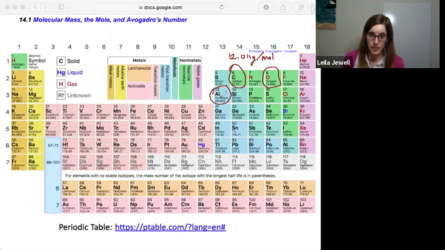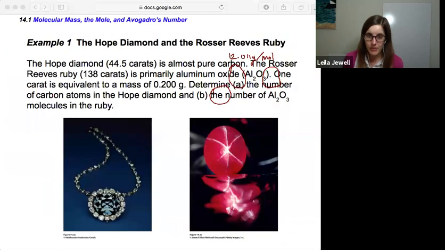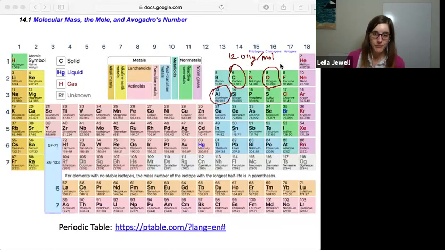So we'll take the 26.98 and the 15.999, but we're going to need to multiply them by however much we have of each. So let's double check. Yeah, aluminum 2, oxygen 3. So that means the oxygen is going to have to be multiplied by 3, and the aluminum will have to be multiplied by 2, because there are 2 aluminum atoms there. So we have to account for both of them.